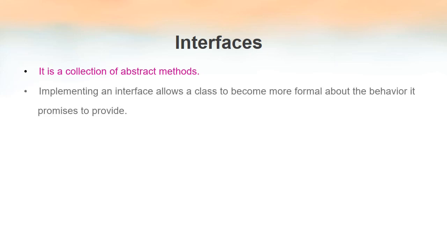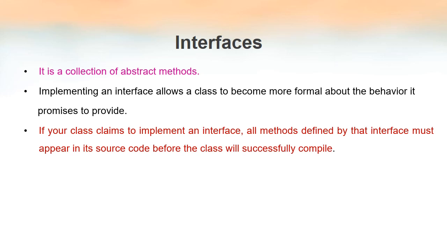Implementing an interface allows a class to become more formal. That means when a class makes use of an interface, it is the responsibility of that class to provide the body of the methods inside the interface. Once again I repeat, since an interface is a collection of abstract methods, none of the methods inside it will have their own body.